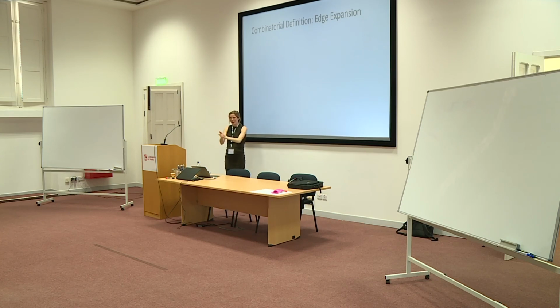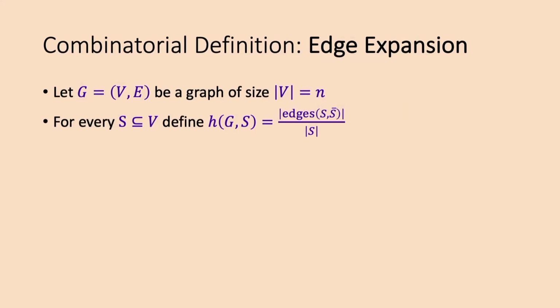Okay, the first definition. This is a combinatorial definition. It's actually not the only one, but I'm going to focus on this one for now, which is known as edge expansion. So we're starting with a graph, as we've seen. Now the formulas are going to get a little bit heavier, but don't worry, we'll step through this.